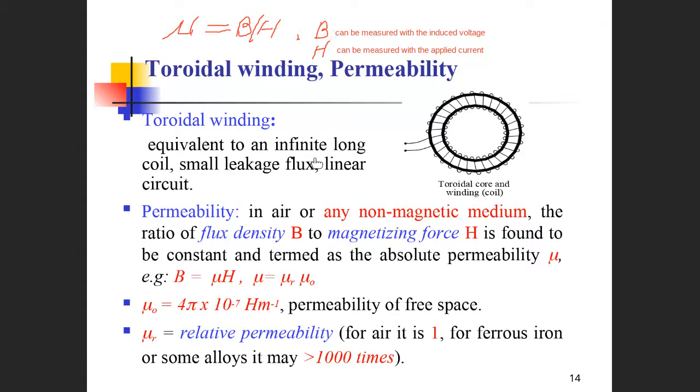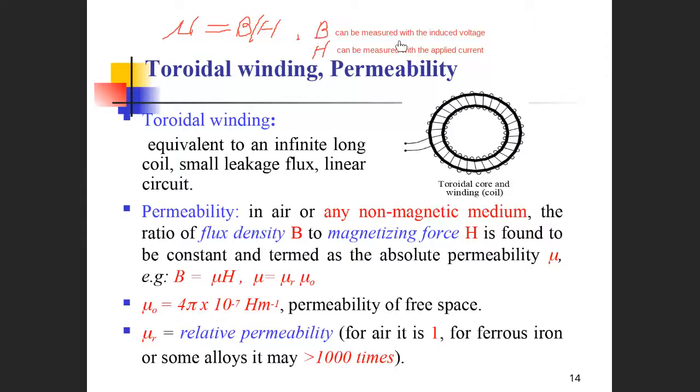So we can apply a current to a given coil. The current and the turn numbers together represent the strength of the H. And then we can monitor how much magnetic field is induced.